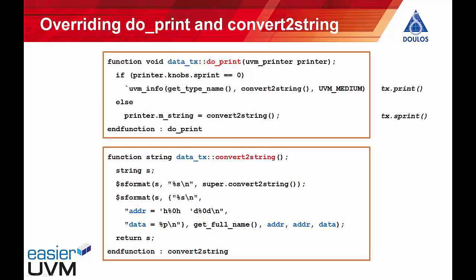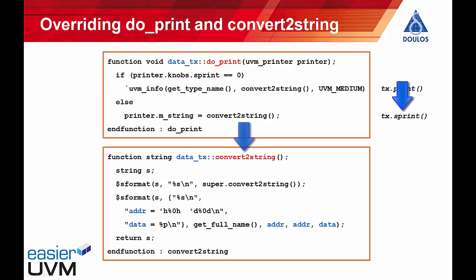Now let's take a look at printing, and there are three methods involved: print, sprint, and convert to string. So each transaction class provides a print, an sprint, and a convert to string method. Print prints out the contents of the transaction to standard output.